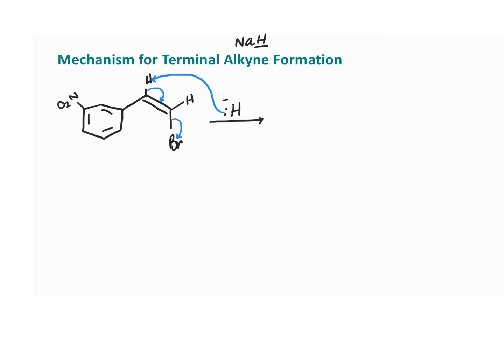Okay. And so now we have our triple bond here, and then it's going to go out to a hydrogen. Okay. So I'm going to show that. There's a carbon, carbon, and then a hydrogen bond.